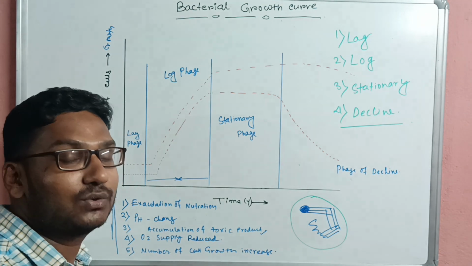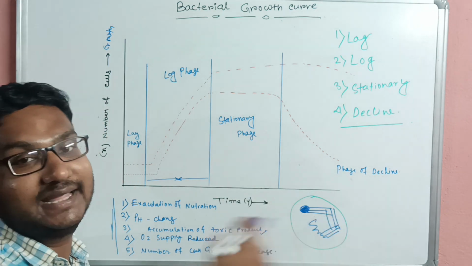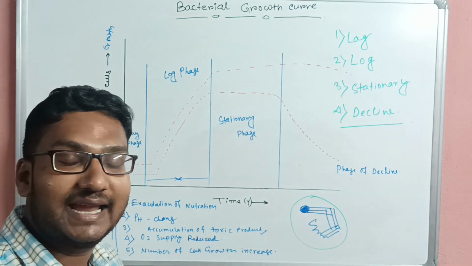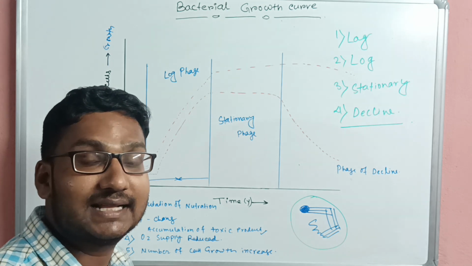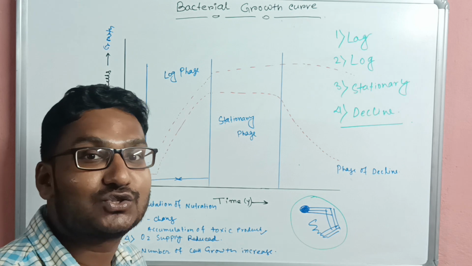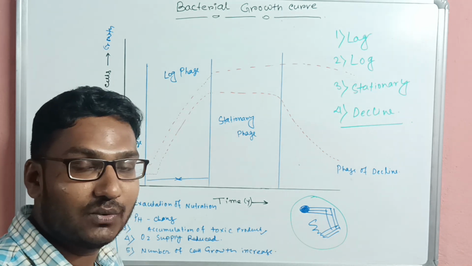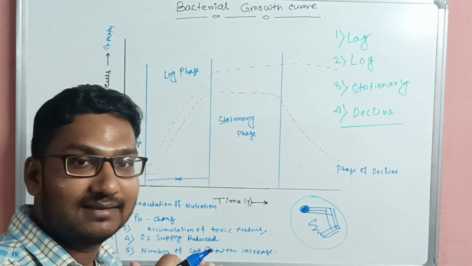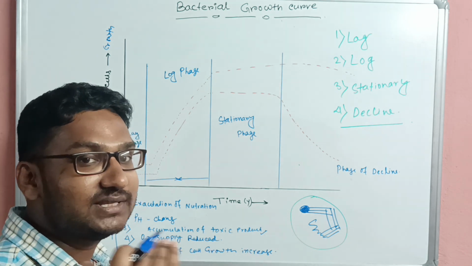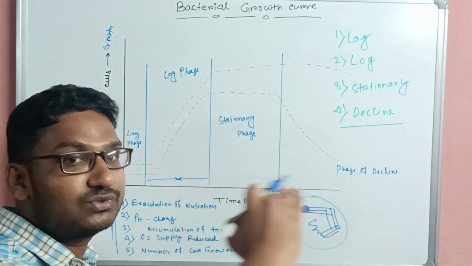Number of cell growth increased, so the population increased. So what happened? These are all unfavorable conditions. Nutrition is already decreased, pH changed, toxic product already accumulated, O2 supply reduced, and the number of cells increased in the whole media. At that time it gets unfavorable conditions, and the bacterial growth will stop. If you see the curve, at that time we see a straight line, the plateau stage.